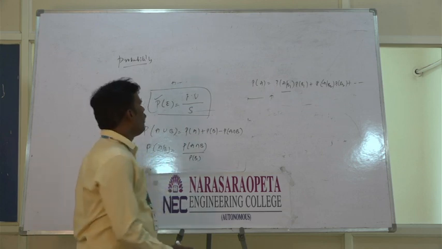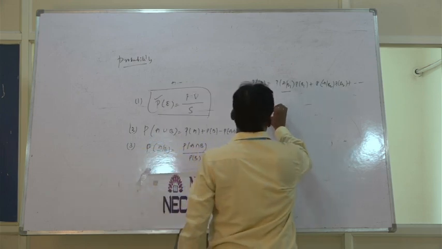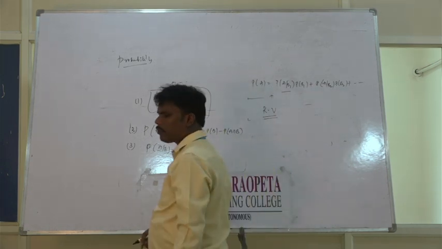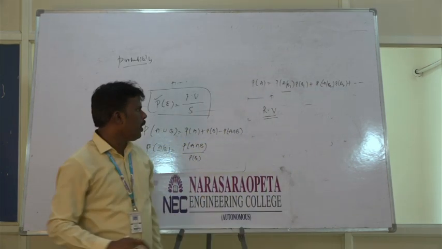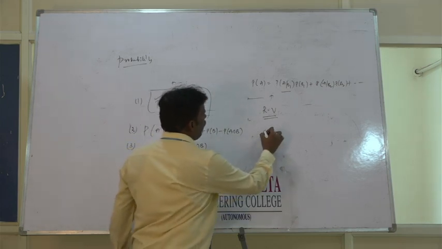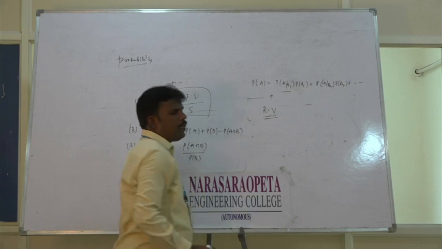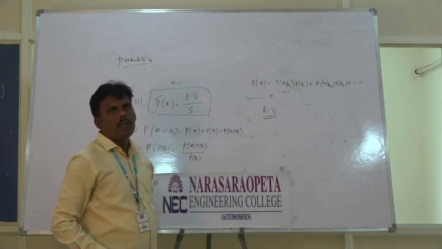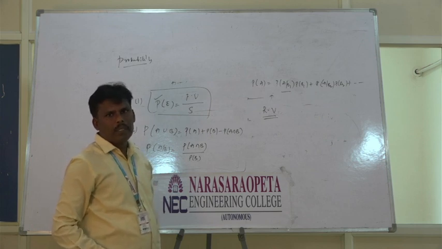The next one is the random variable. What do you mean by random variable? It is a real number assigned to every element in the sample space corresponding to the random experiment.